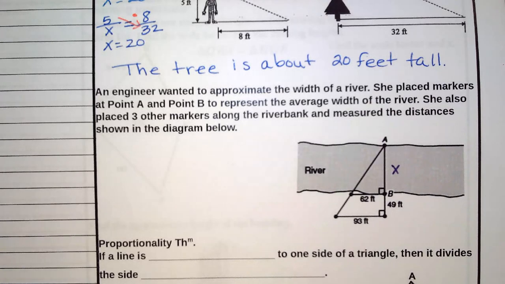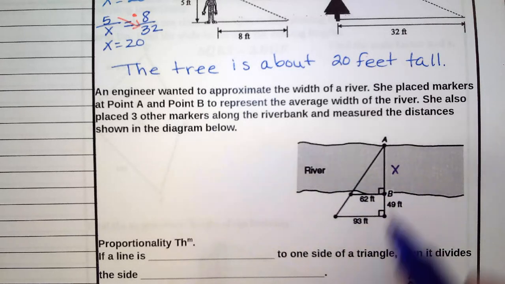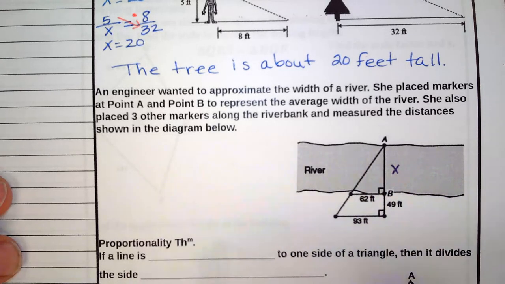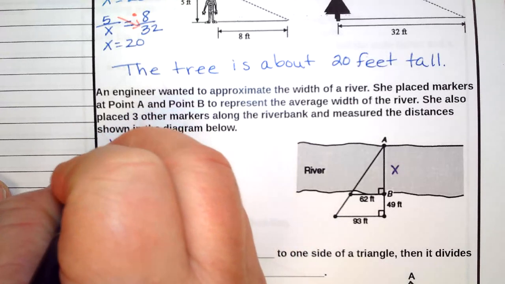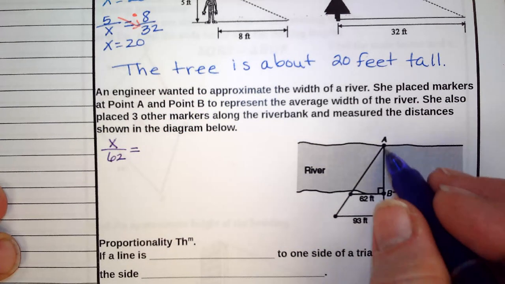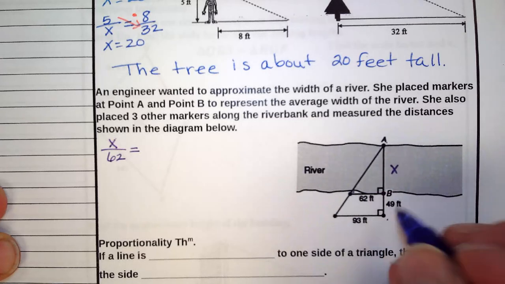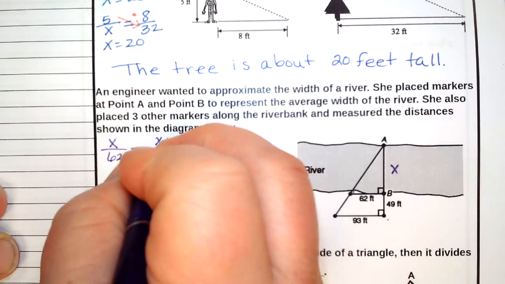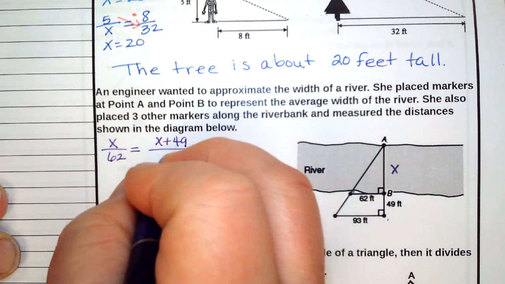So to set this up, I'm going to go from side to side. So x over 62 is equal to, this is your whole side to whole side. Whole side is x plus 49 over 93.